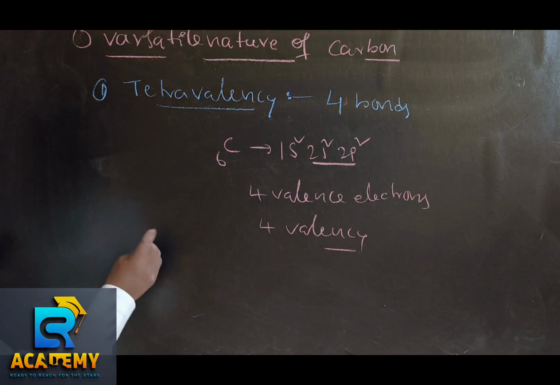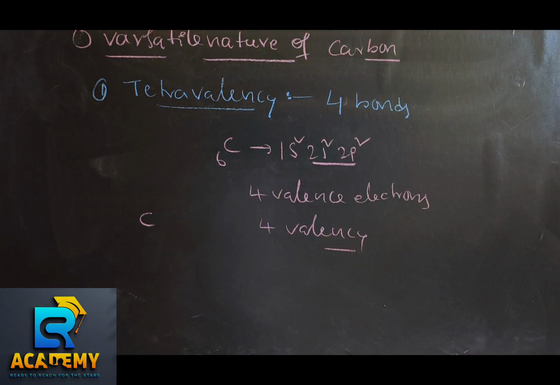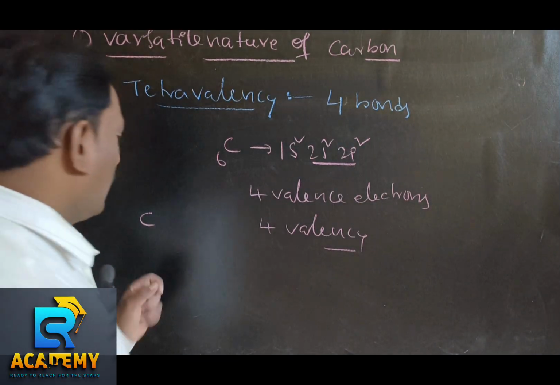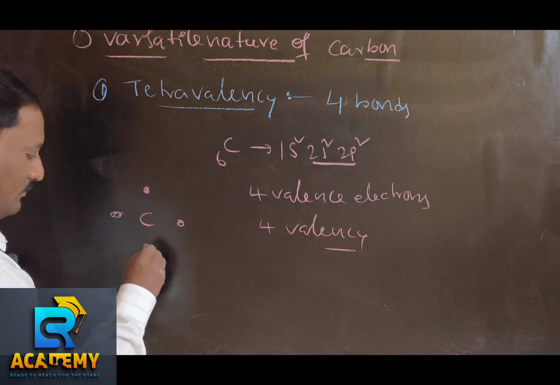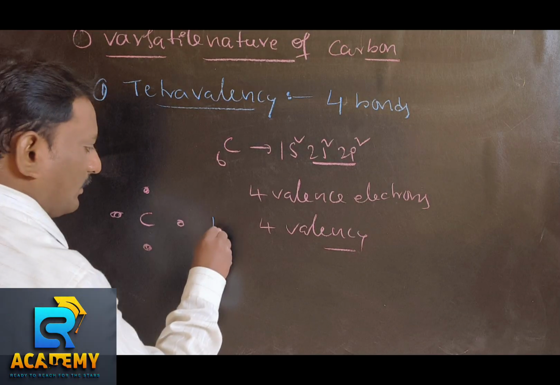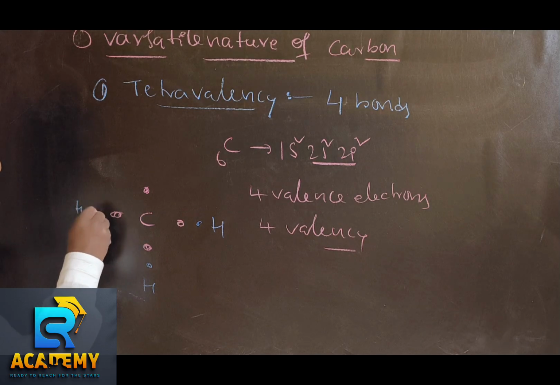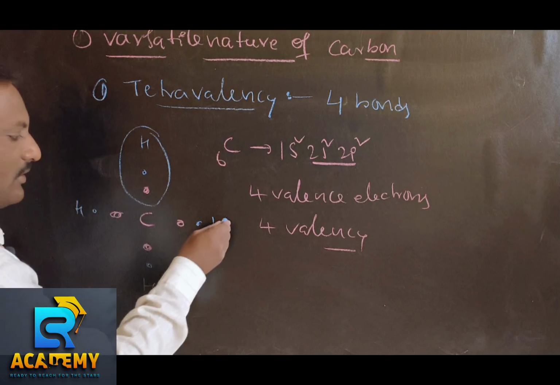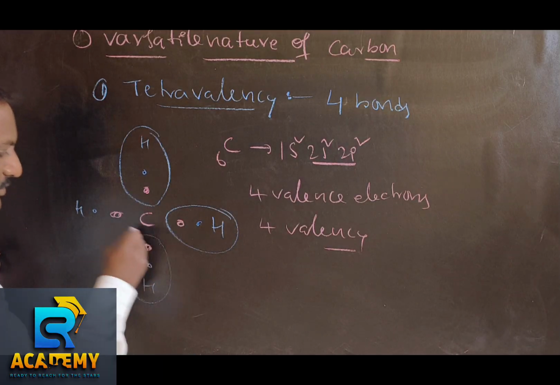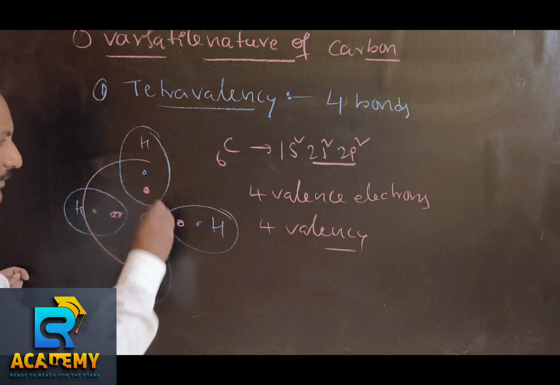Example, formation of methane. Listen carefully. Carbon has 4 valence electrons. It combines with 4 hydrogen atoms. These 2 electrons belong to hydrogen, these 2 belong to a hydrogen atom, and these other electrons belong to carbon.